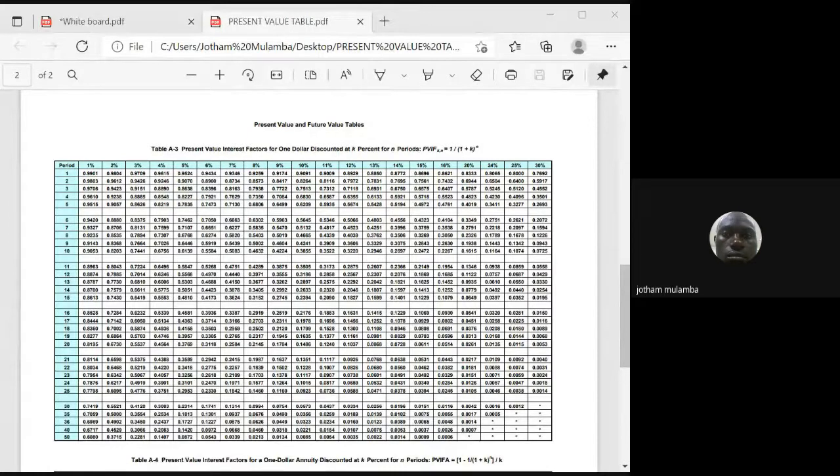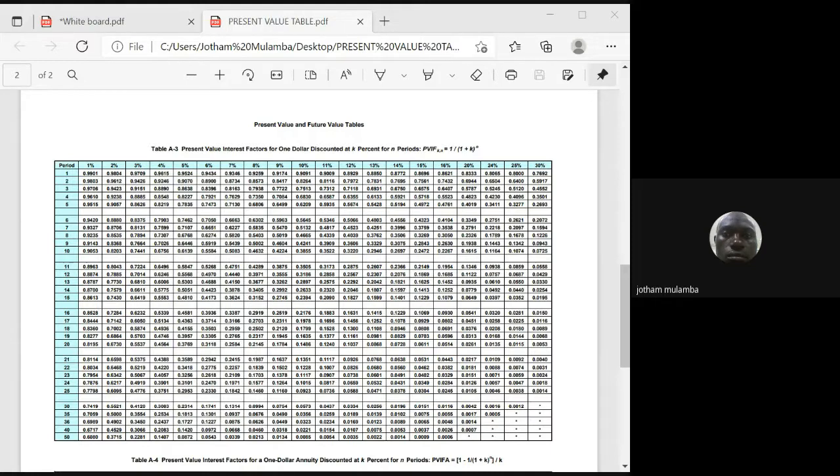Now, for IRR, usually for exam purposes, you may not be given 2 or 3 projects to assess and advise on which one to choose. You will only be given one project, then you are asked to calculate the IRR for that particular project.